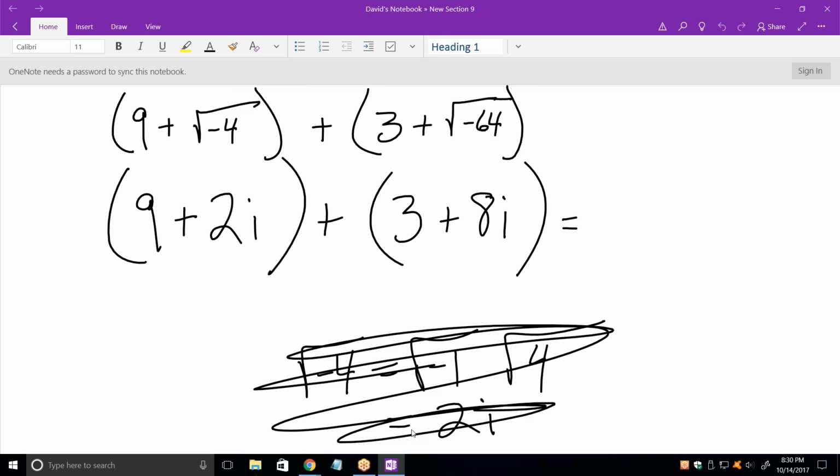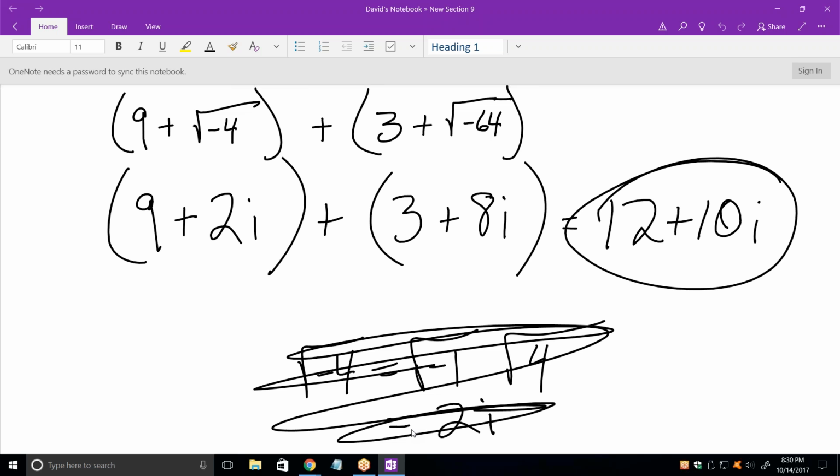Now, adding them is a piece of cake. What's the answer? Just 12 plus 10i. And that's an a plus bi form, right? Definitely a plus bi. There's a, there's b, there's i.